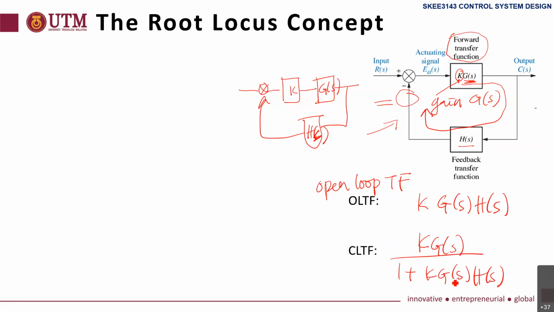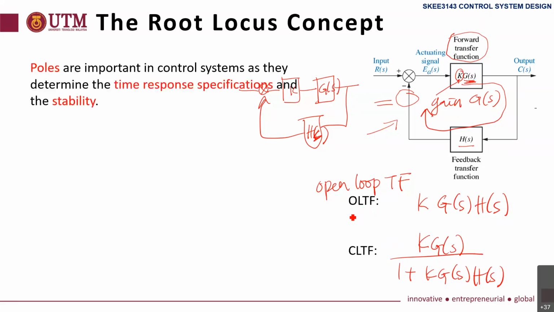This is the transfer function for closed loop. So please, you should be able to differentiate the open loop transfer function and the closed loop transfer function.